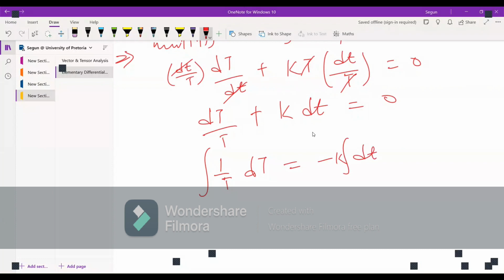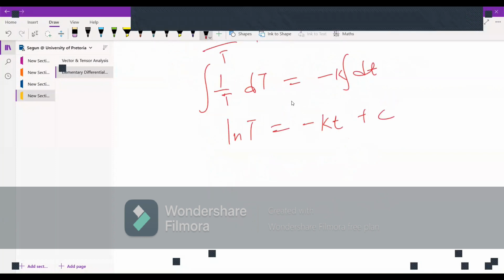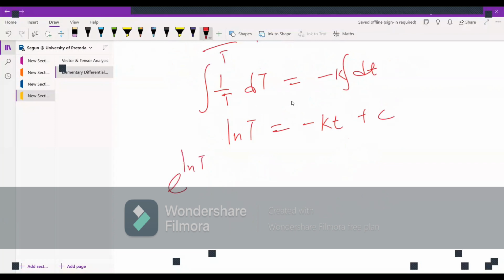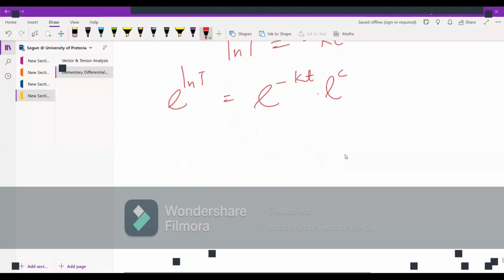We know that the integral of 1 over T is ln T equals to minus kt plus a constant. I'm looking for the temperature. So if I take the exponential of both sides, I will have e to the ln T equals to e to the minus kt times e to the C. And e to the C is still a constant. The exponential will cancel ln. You have T equals to C e to the minus kt.